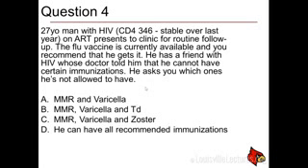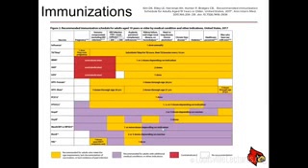So, who thinks A? All right, who thinks B, C, and D? Yeah, so I got a couple people for D. That's actually correct. So this one's a little tricky because in patients with HIV, if they have a CD4 count less than 200, then definitely the MMR, the varicella, and zoster are contraindicated.